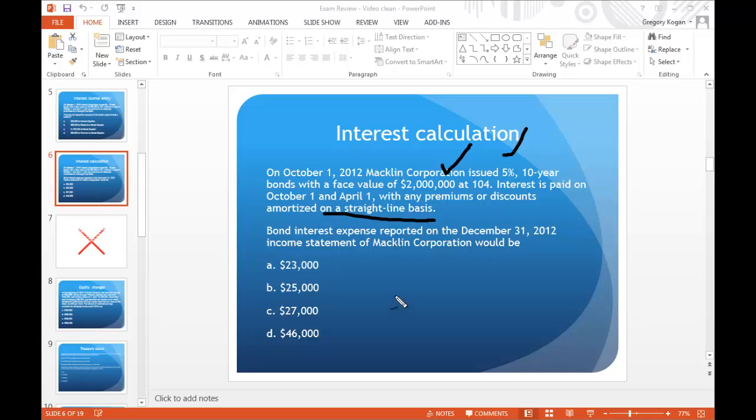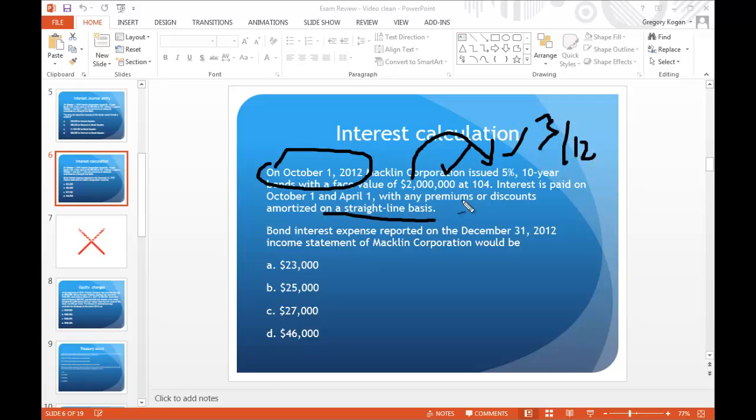So we know that in this situation, we would multiply the face value by the percentage that we have here. This will give us the interest, but it is issued October 1, so we're only doing times 3/12, right?